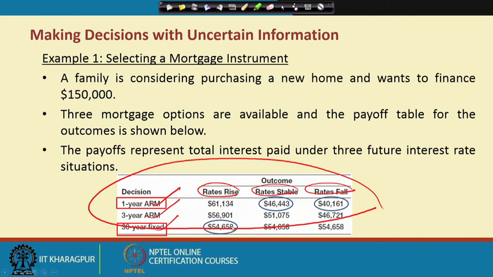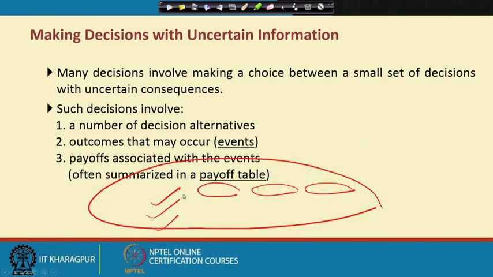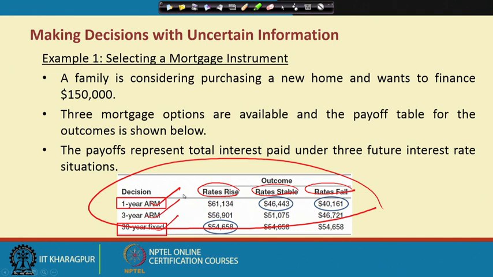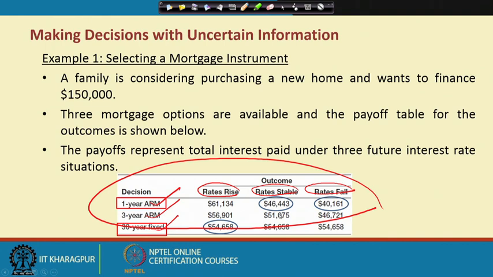That means the lowest one is considered here, and the same thing in the case of the second outcome, where the rate is stable. So, we have approximately 51,000, approximately 54,000, and then approximately 46. Technically out of all these 3, we are targeting 46, that is the lowest one. Out of these 3 alternatives we are picking up the lowest one.